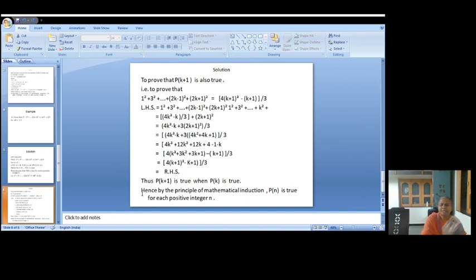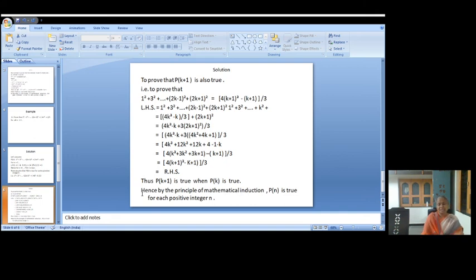Hence we are adding the value of 3 as add 1, subtract 1. Now we take the terms together, 4k cube plus 12k square plus 12k plus 4 as 4 in bracket (k cube plus 3k square plus 3k plus 1), minus the next terms, minus 1 minus k, which we can write as minus (k plus 1), whole divided by 3.